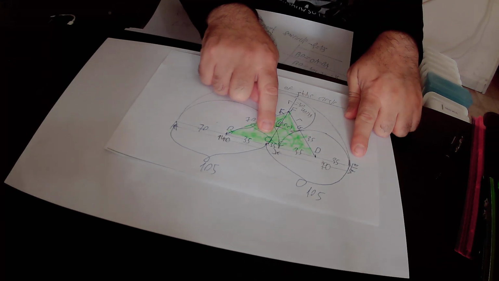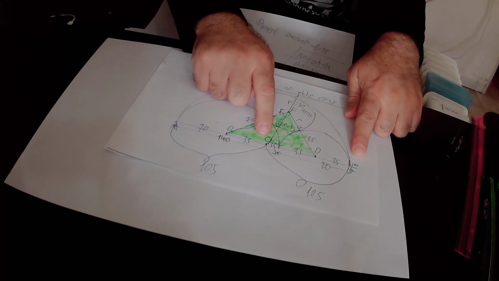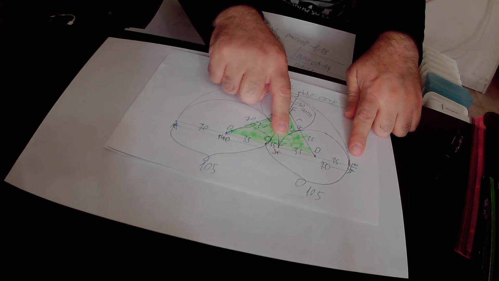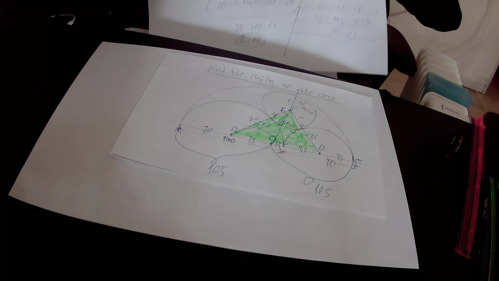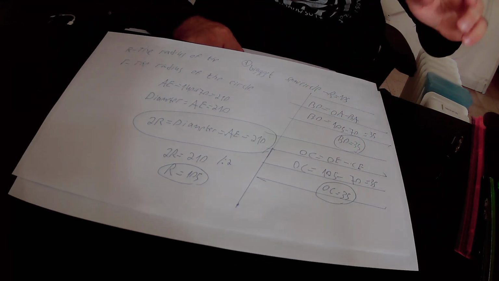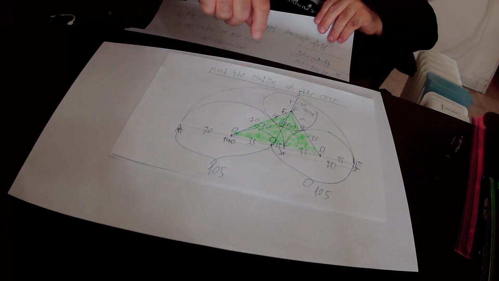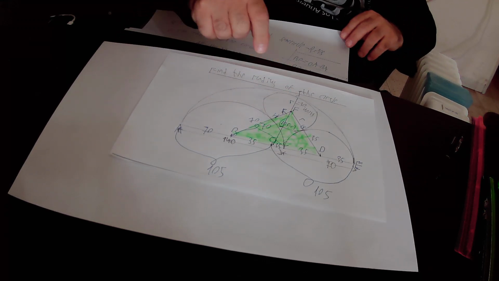OE is the radius of the biggest semicircle, that is equal to 105 units. CE is the diameter of this smallest semicircle, that is equal to 70 units. Therefore, OC equals 105 minus 70, that is 35 units. So the length of this small line segment OC is also equal to 35 units.